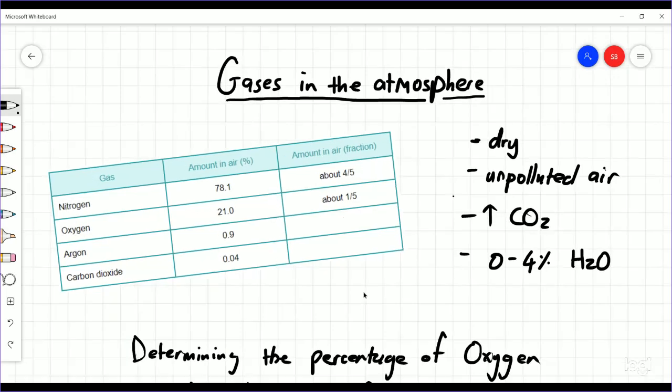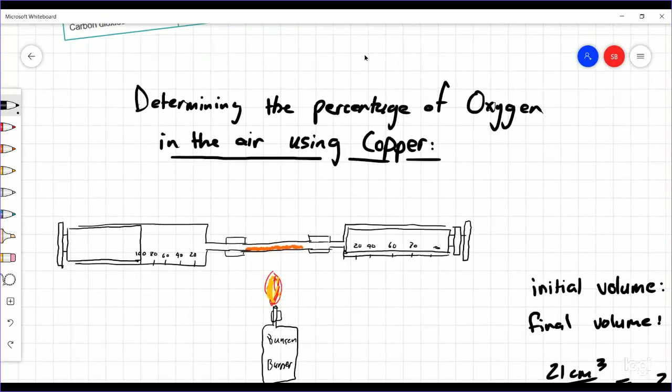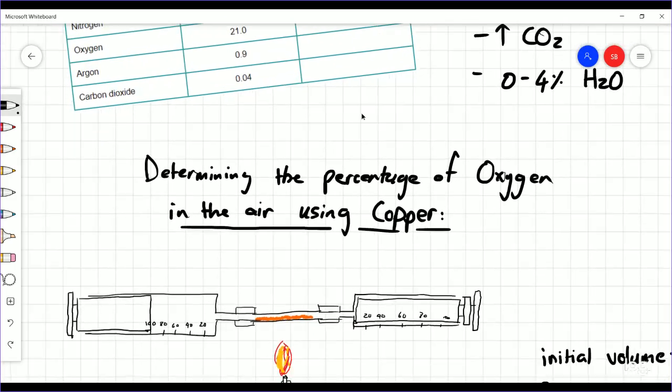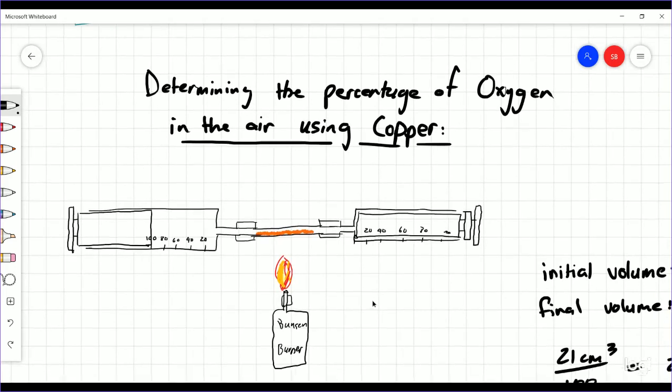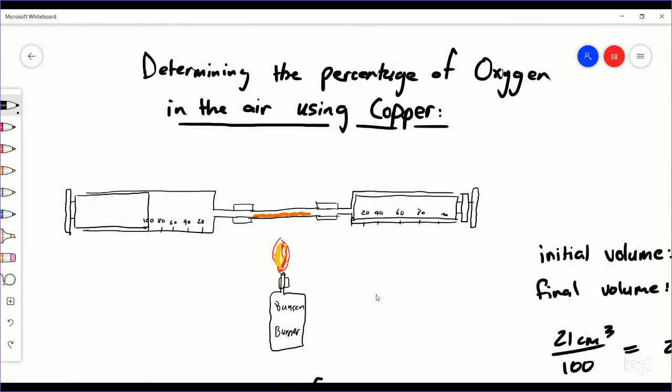The next thing you need to know is some experiments to prove how oxygen takes up 21% of this air. So how did they prove that? How did they get to that percentage? They use an experiment that I'm going to show you over here.